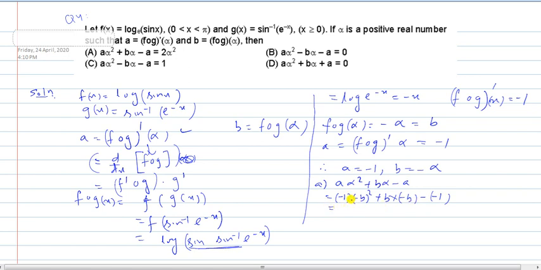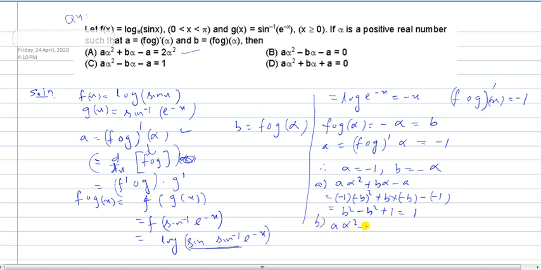So here this is b square minus b square plus 1, and this is equal to 1. So this is not the correct option, because I have to find this to be 2 alpha square, as given.